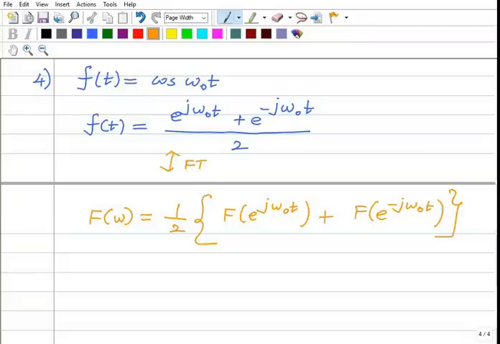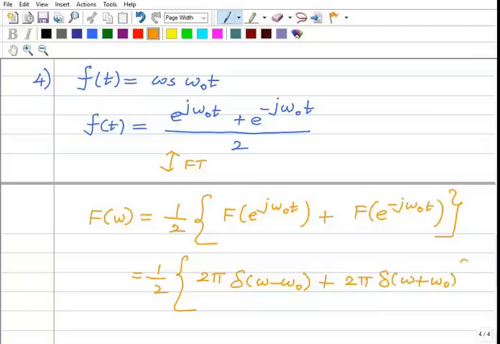So do you have the result for Fourier transform of e power j omega naught t and Fourier transform of e power minus j omega naught t? Just now in examples 2 and 3 we got the results for this. So directly I am just using the results, 1 by 2. For the first term it is 2 pi delta omega minus omega naught. Second term 2 pi delta omega plus omega naught.